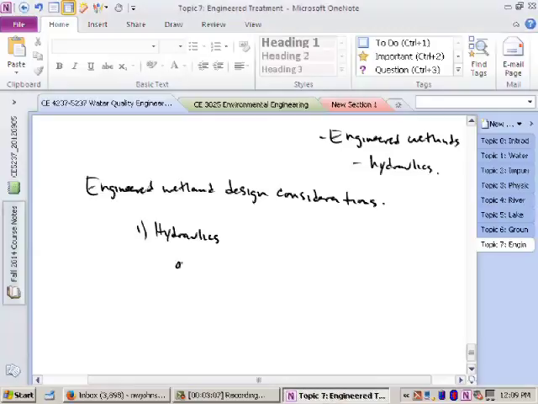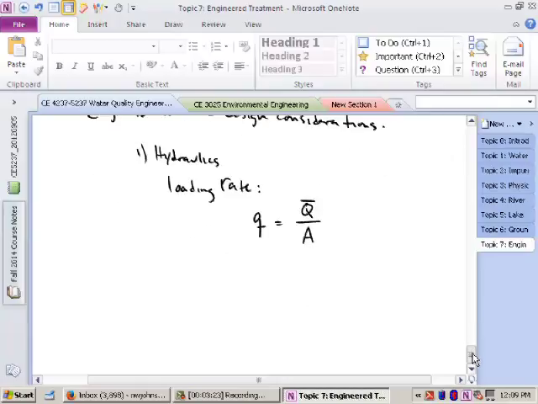We'll talk about the loading rate, or define the loading rate as Q is equal to the average flow over the area. So in this case, Q is the average, maybe annual or seasonal flow.